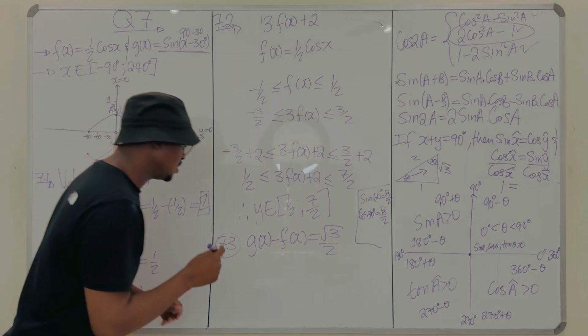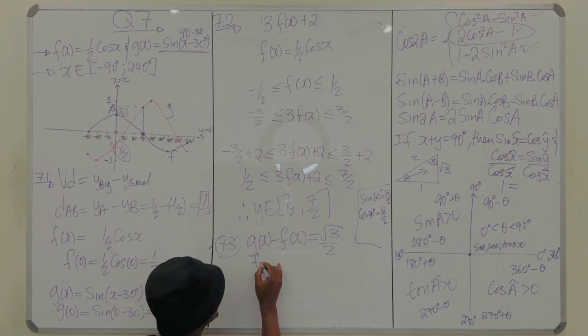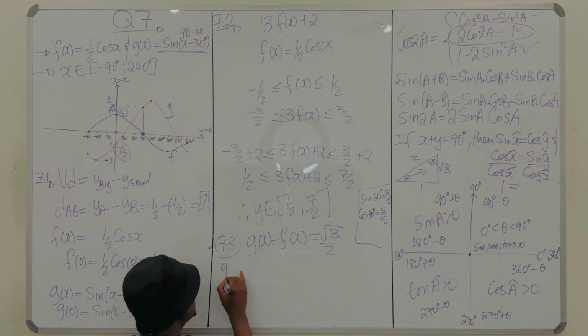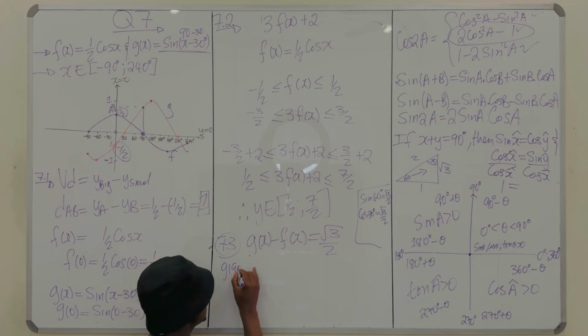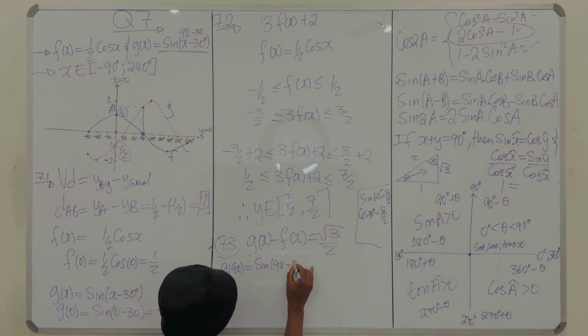So your g at 90 degrees is equal to sine of 90 degrees minus 30 degrees.